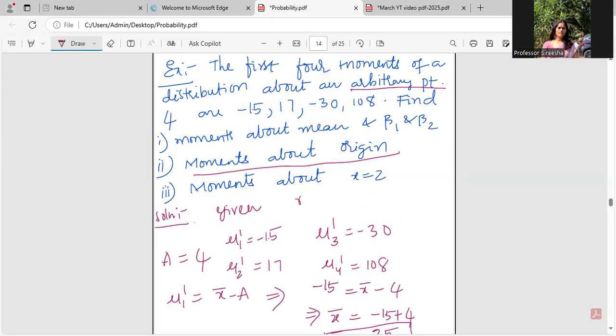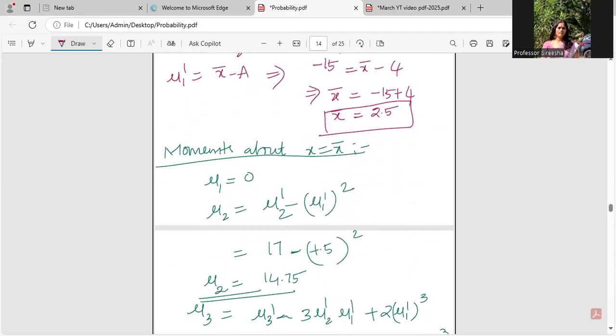If it is the rth moment about an arbitrary point, mu r prime is equal to 1 by n summation fi times xi minus a to the power r. Now it is asked about the origin. Let me take A to be 0, my job will be easy.